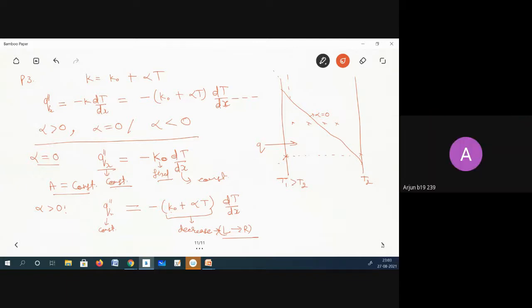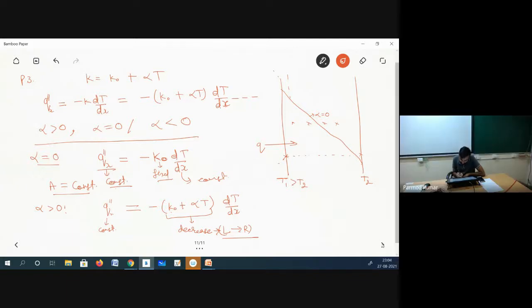If this value is decreasing, on the left hand side we have a constant value. So in order to obtain that constant result, we have to increase the value of dt by dx. So we have to consider this gradient in such a fashion that when moving towards the right side, the value of this gradient is increasing.